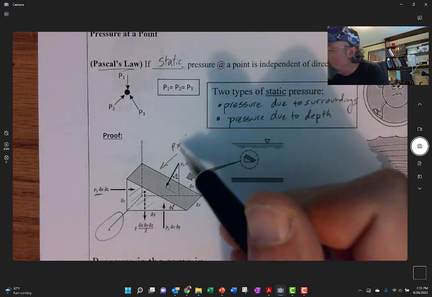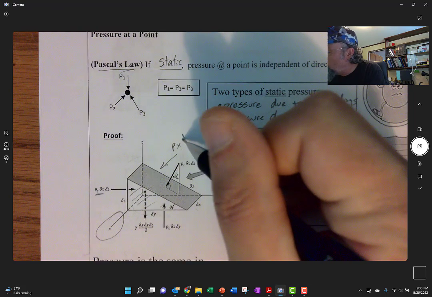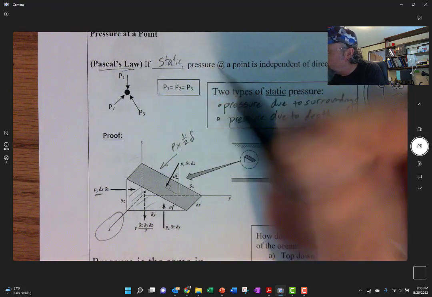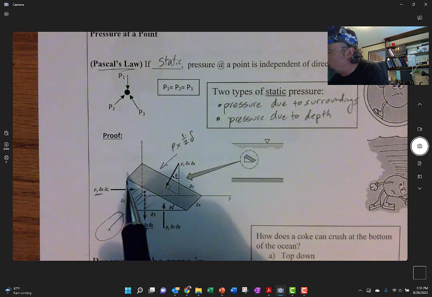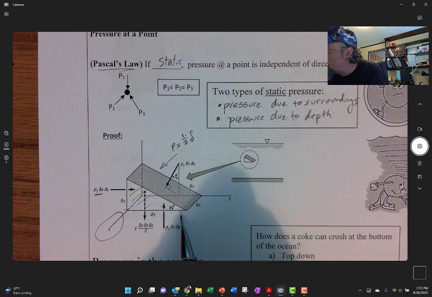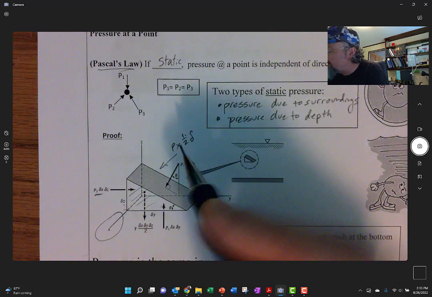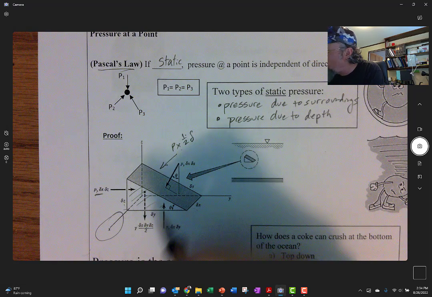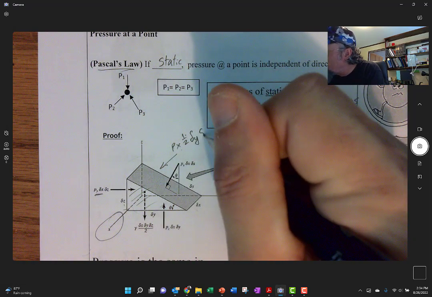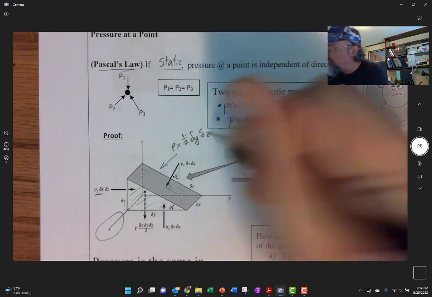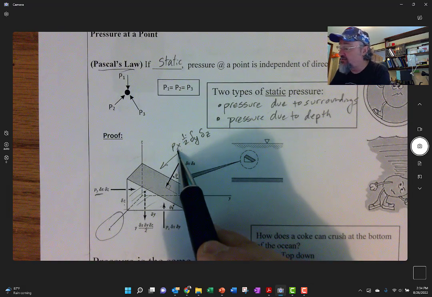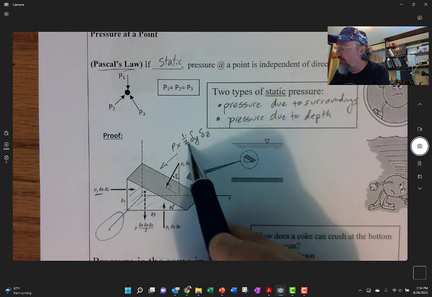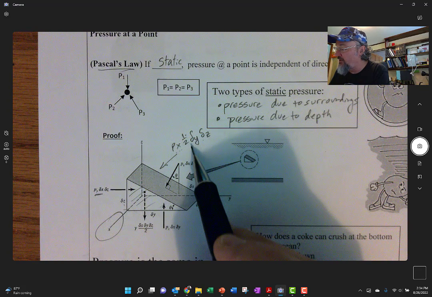So this is going to be 1/2, and we'll call it just the length of each side right there, del y as the base and del z right there. So this is the pressure on the x side times the area of that triangle.